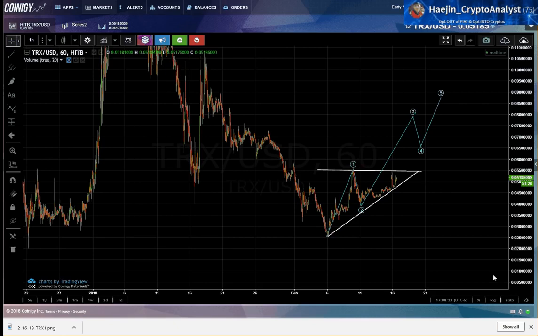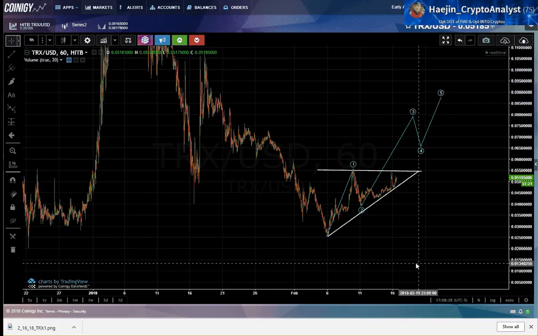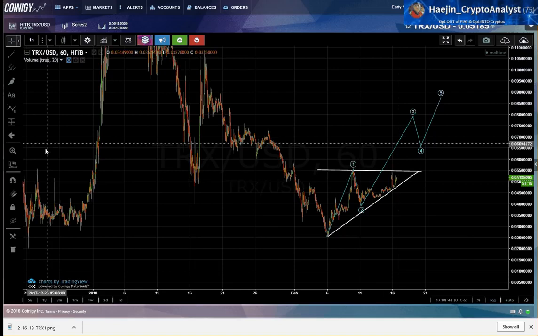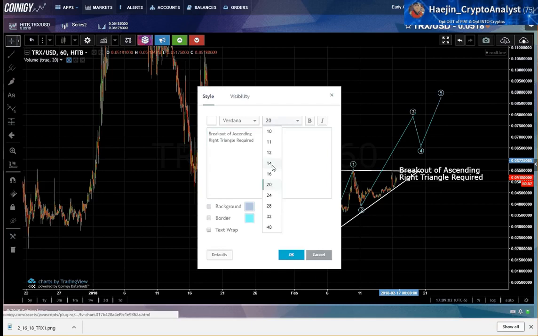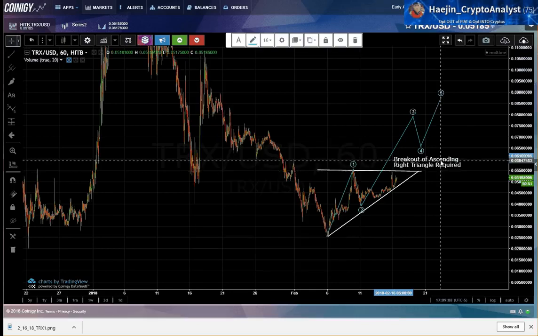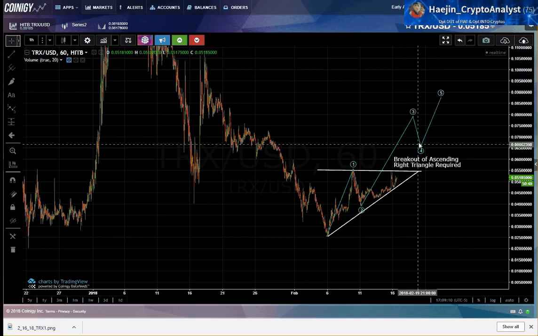Now this has to be on the condition that we need a breakout out of this ascending right triangle. That would be the requirement, the condition, to take it to the next steps of the waves.